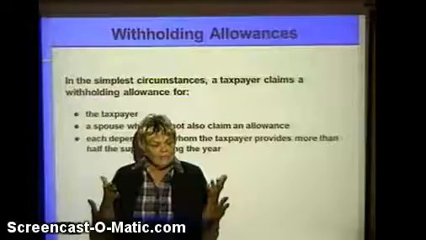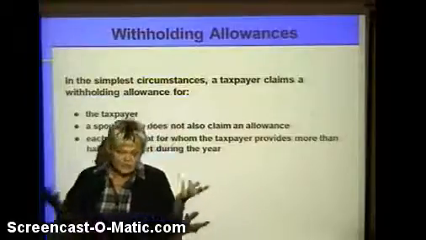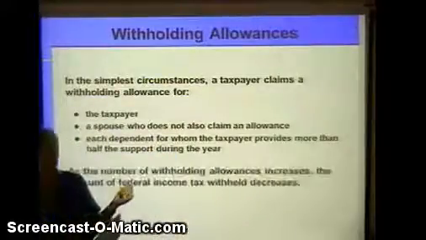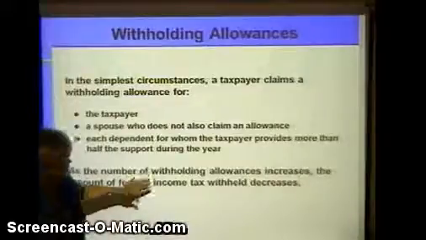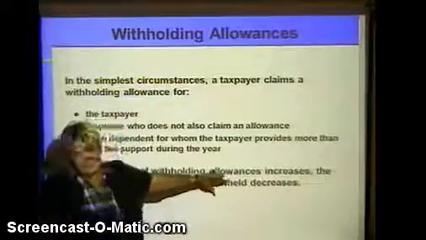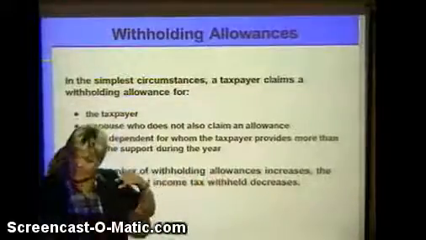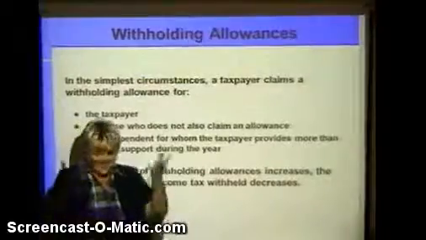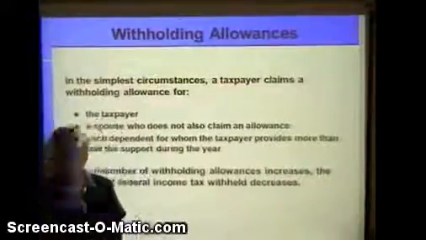You go into how much and who can be a dependent. As your number of withholding allowances increases, the amount they take out decreases. The more dependents you have, the less tax you pay.